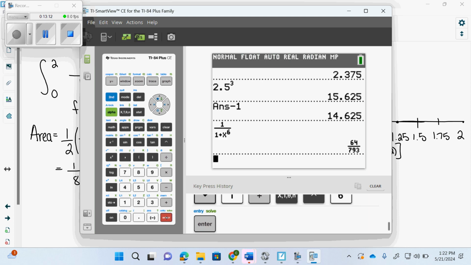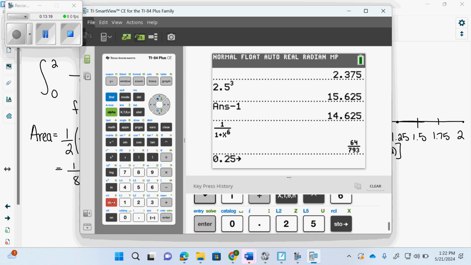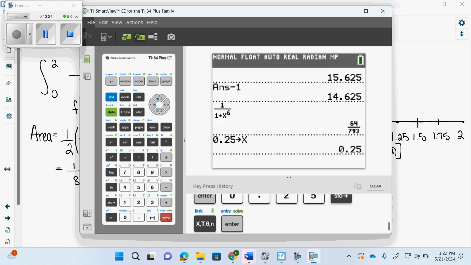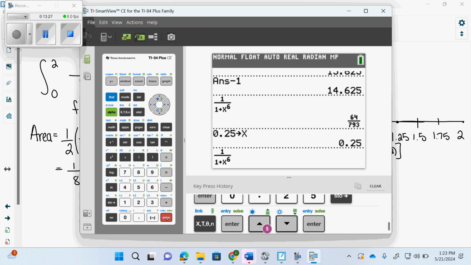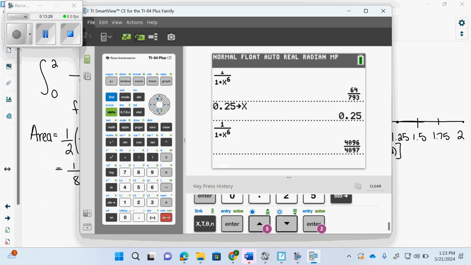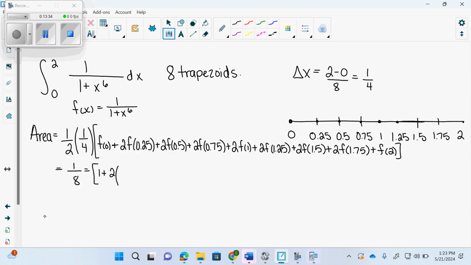So I'm going to go 0.25 store as x. And then I'm going to go back up and steal my equation. So now I'm going to use my equation, and I stored it as 0.25. So it's 4,096 over 4,097.